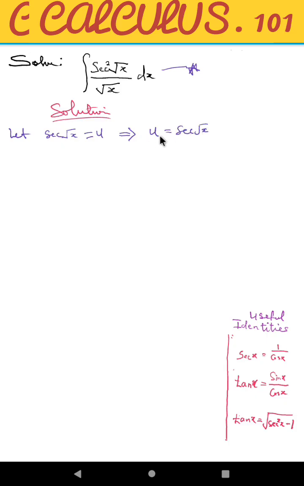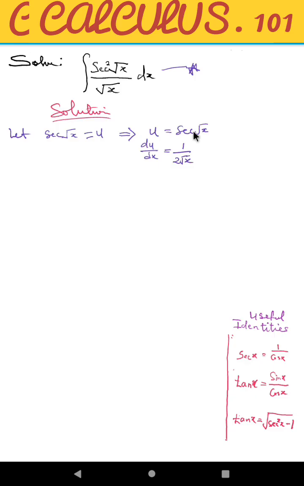Now let me differentiate this, du/dx. To differentiate a trigonometric function, differentiate the argument, that will give me 1 over 2 root x, and then differentiate the trigonometric function using your standard integral. When you differentiate sec x, you get sec x tan x.